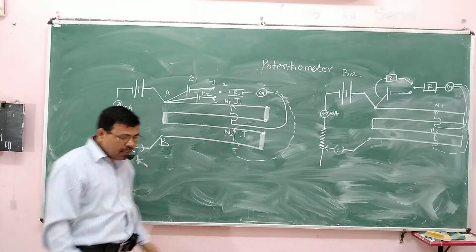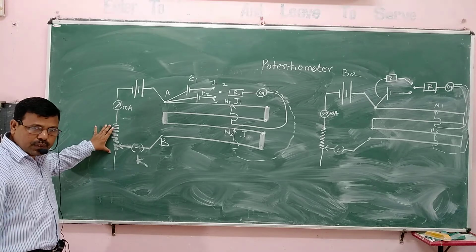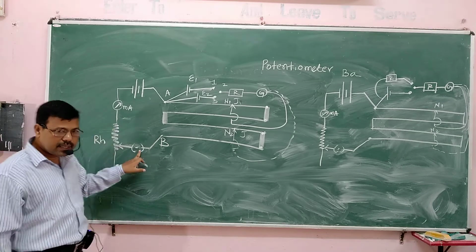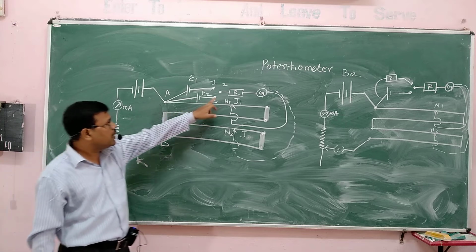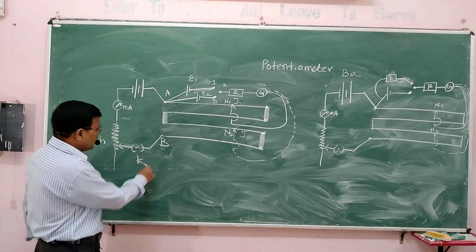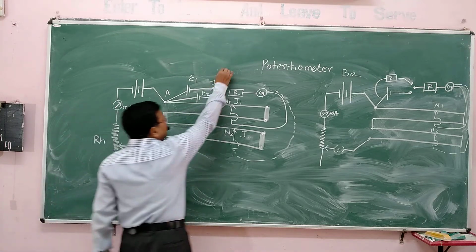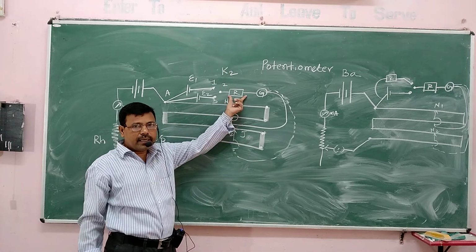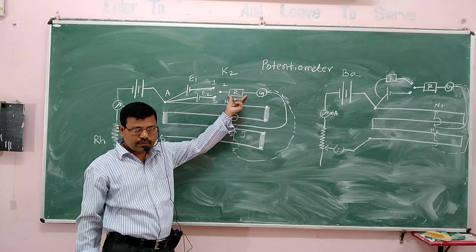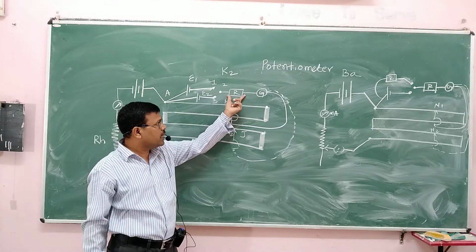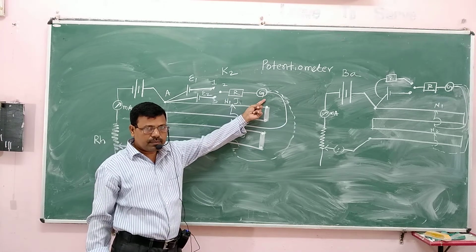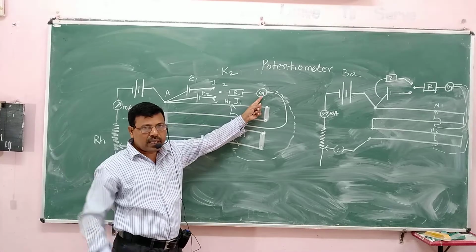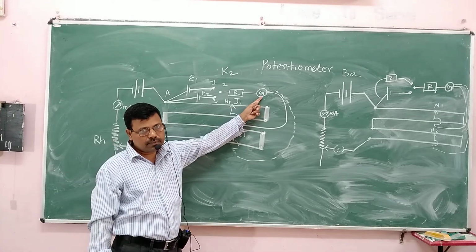Here is a rheostat and there is a two-way key here. Let me call this K1 and this K2. And here is a high resistance box which is connected to the galvanometer in order to safeguard it.